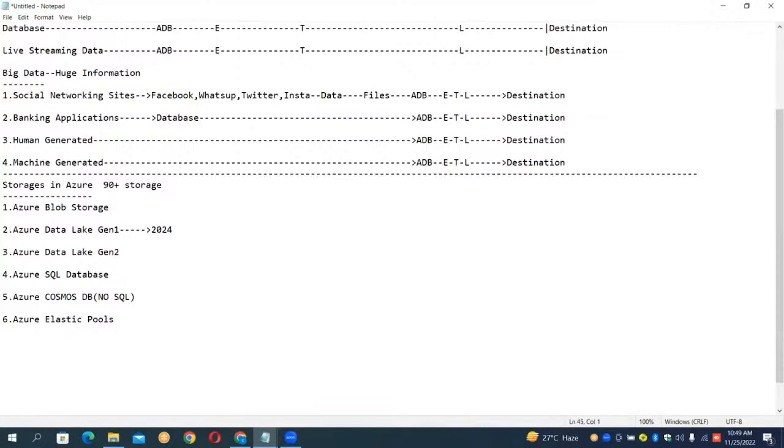Hi, sir. Is there any chance to modify the timings? It will start at 10:15, right, sir? We can shift it to maximum 10 o'clock, not beyond that, because I already have one batch at 9 o'clock. Oh, okay.